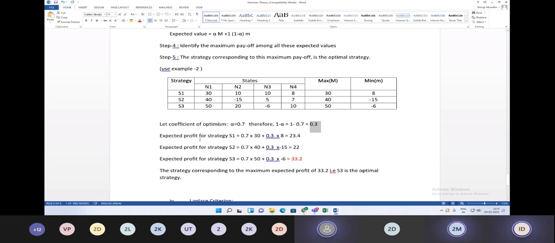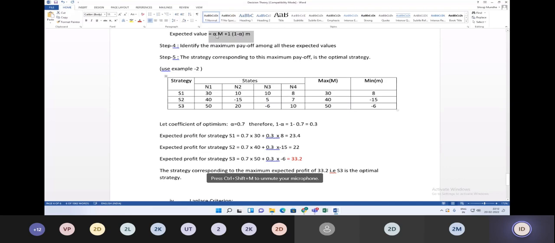Now we have to work out the expected profit for strategy S1. Look at the formula. What is alpha? 0.7. Plus 1 minus alpha, and multiplying by 1 doesn't matter, the value will remain the same.